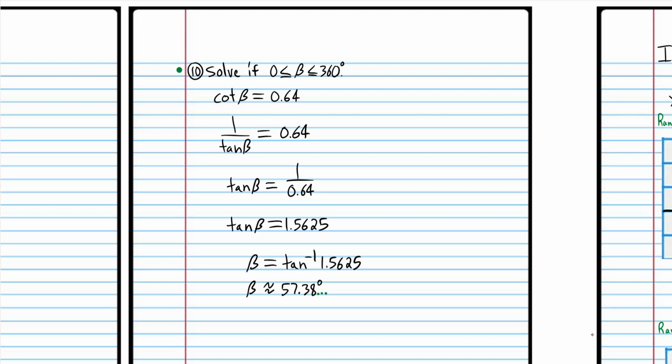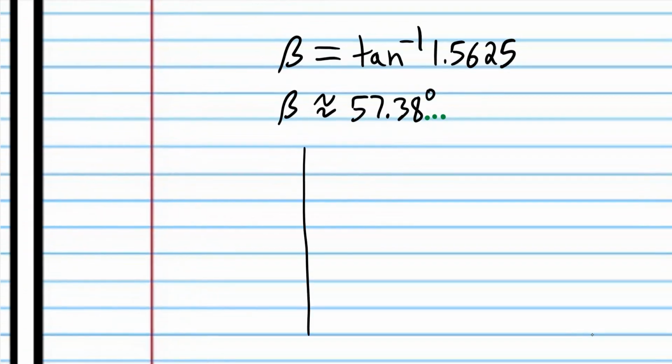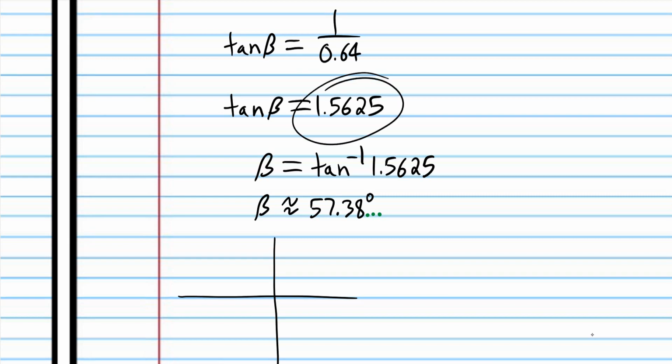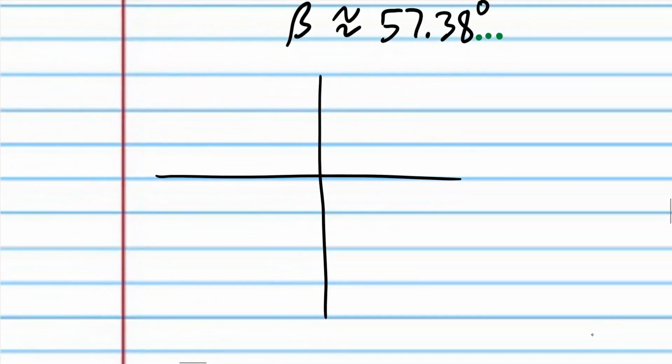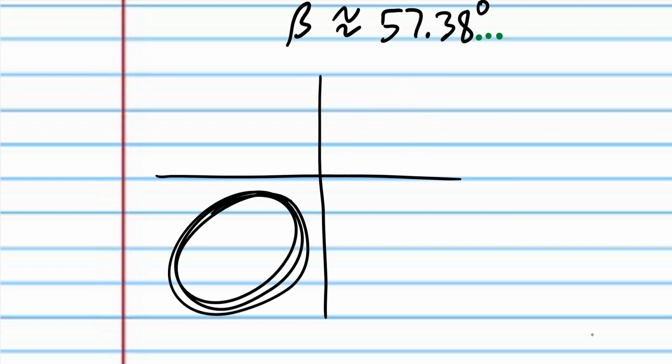So that is the reference angle. Tangent is positive in the first and third quadrants. How do I know that? Because you have opposite divided by adjacent. Positive divided by a positive is a positive. And over here you have negative divided by a negative is a positive.